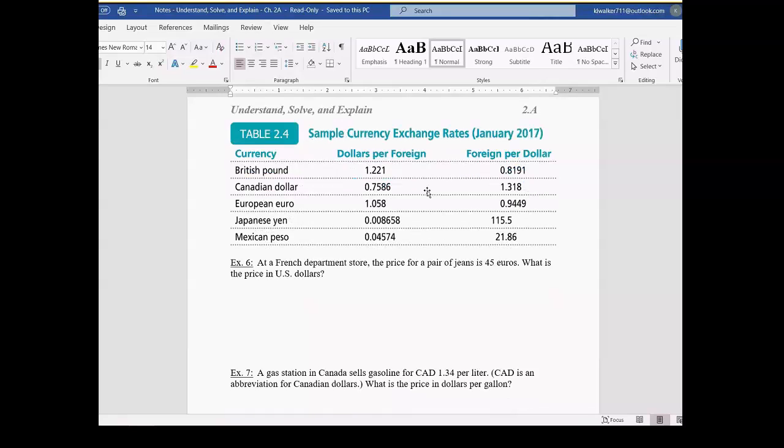Okay. Hold on, let me jot it down real quick. 0.7586 and 1.318. Okay. Dollars per foreign, and this is foreign per dollar. Okay, let me go back now.